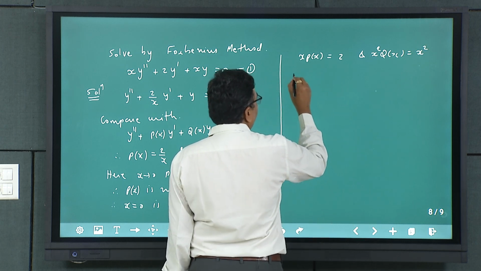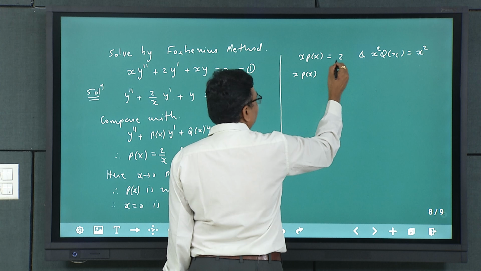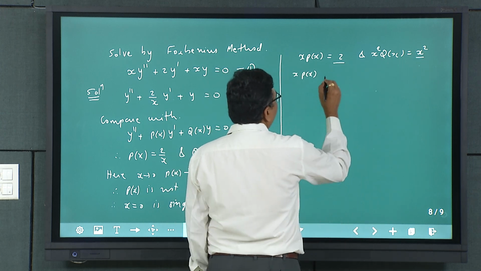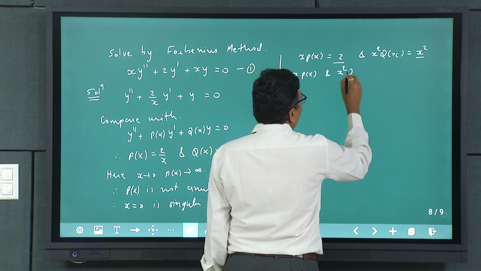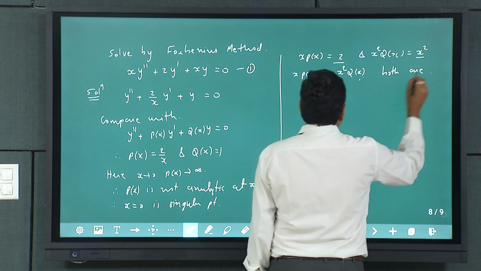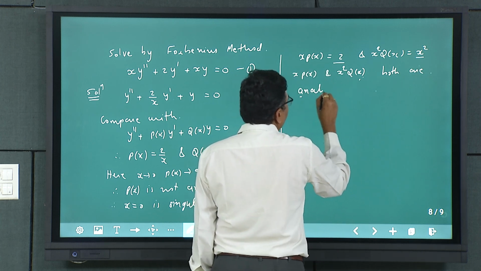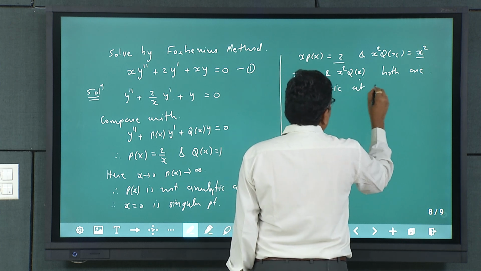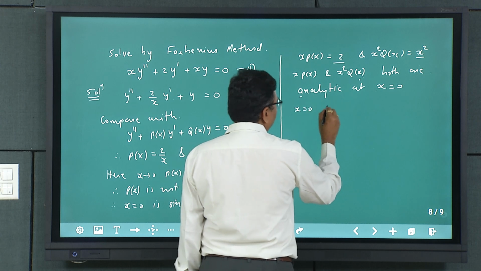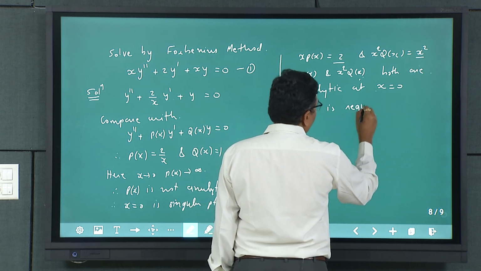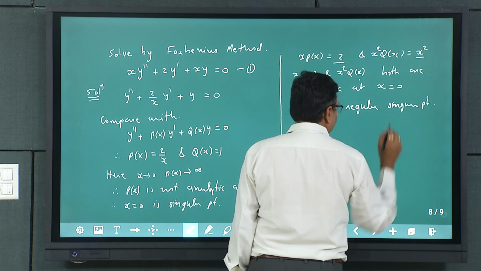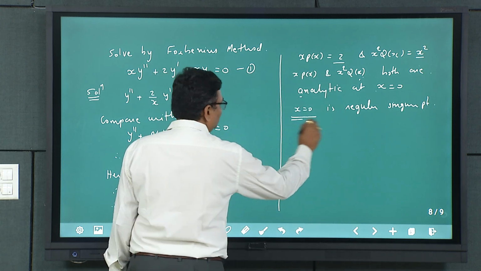So here x into p x is the constant 2, and x square into q x is x square, both are analytic at x is equal to 0, and so x is equal to 0 is a regular singular point.